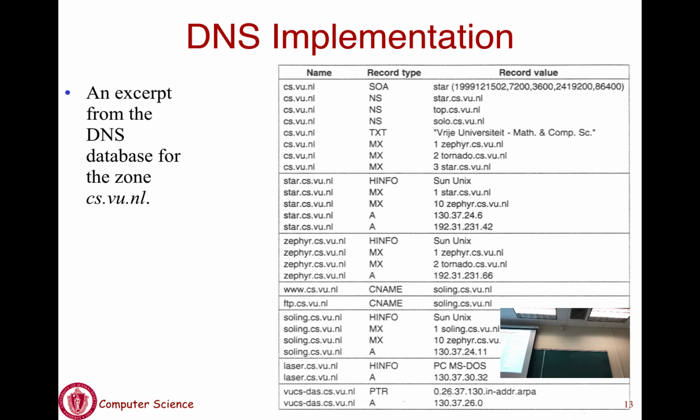So, typically that would be an error, because if you have a CNAME record for a machine, that machine cannot have an A record as well, because either you are an alias for another machine or you actually are a real machine with an IP address. You can't be both saying I have an IP address, I am also an alias for a second machine. That would be an erroneous configuration of the DNS.